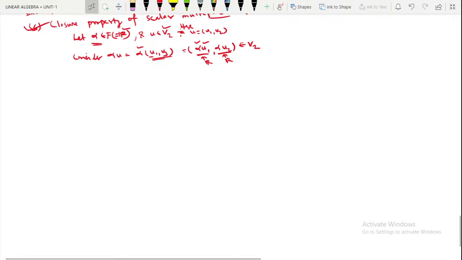Then the next property, the associative property for scalar multiplication. Then I will show the distributive. First I am doing this associative property. So what is the associative property of scalar multiplication?